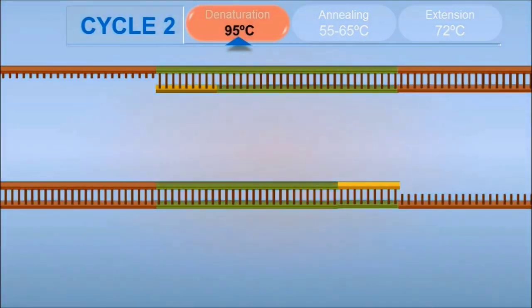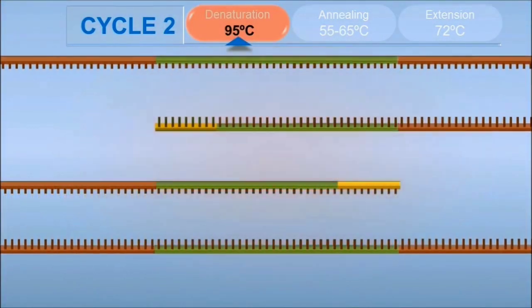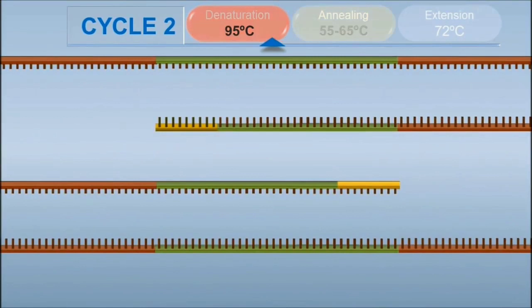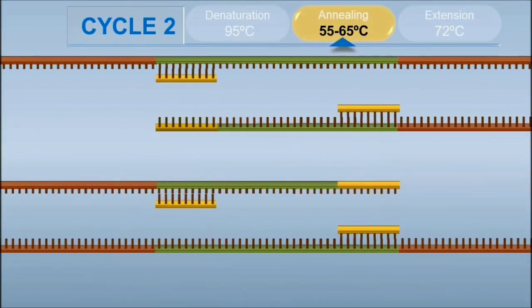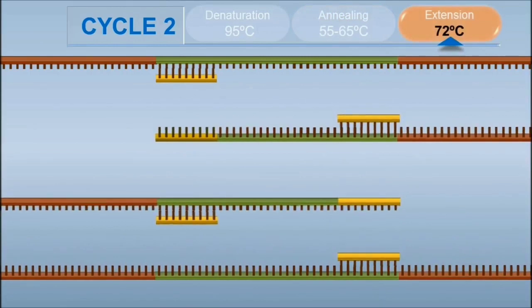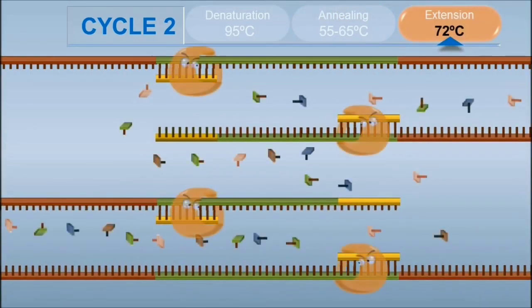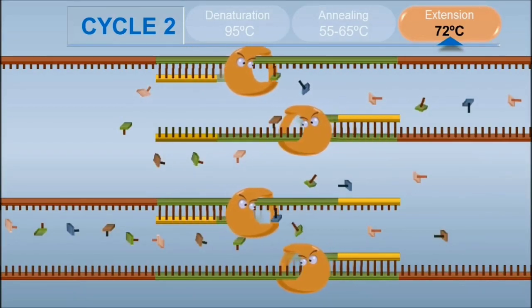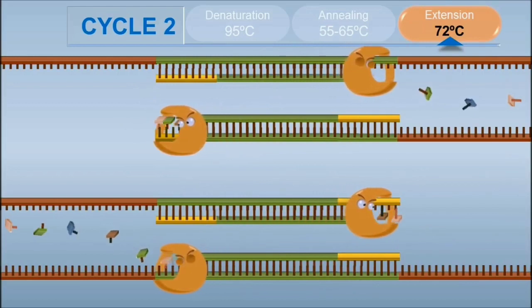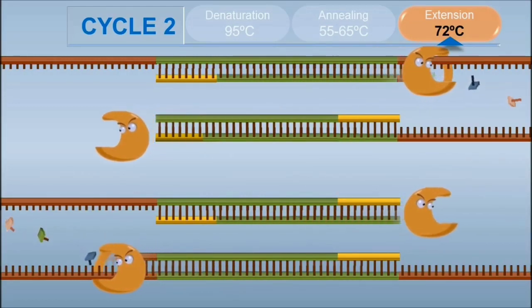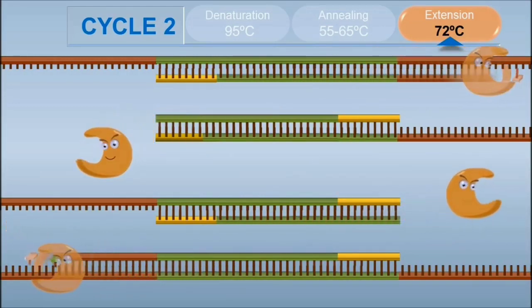The second cycle is repeated. Again denaturation, the temperature is raised, and 4 strands are formed. Again annealing, with binding of primers to each strand. Again extension, and the formation of 4 molecules of DNA. As you can see, these are the polymerases which synthesize, extending the primers and resulting in the formation of 4 molecules of DNA.